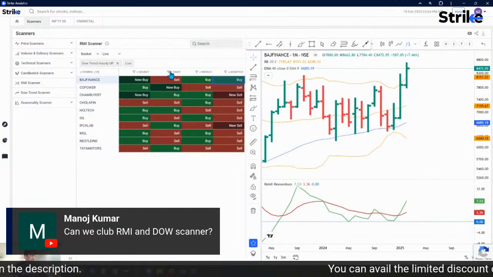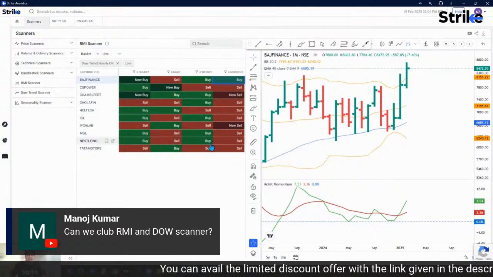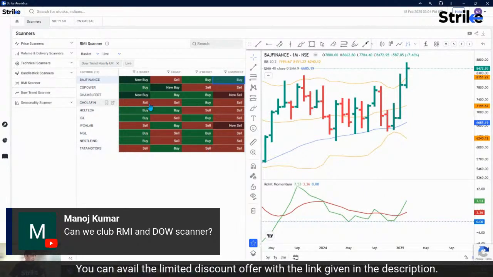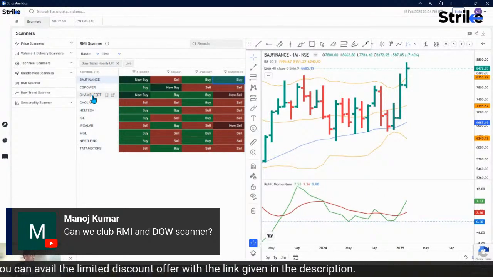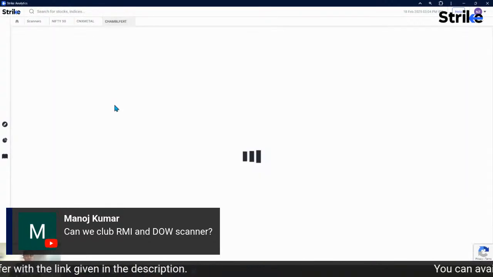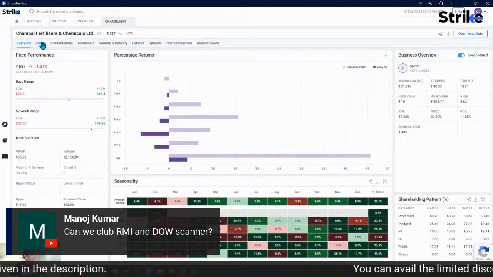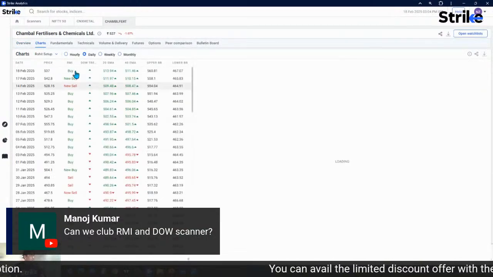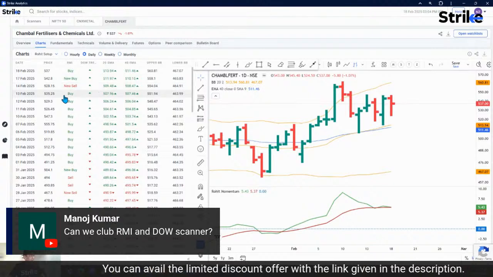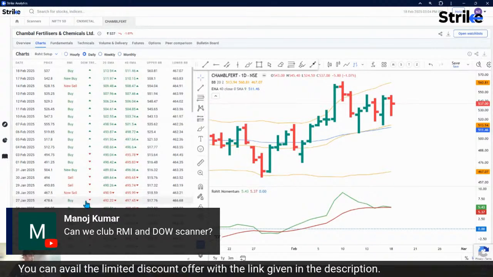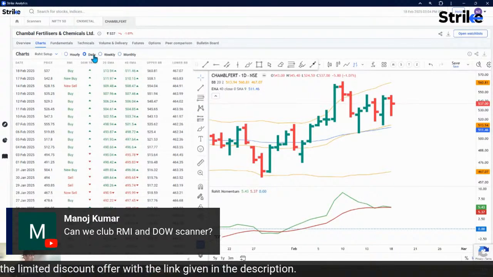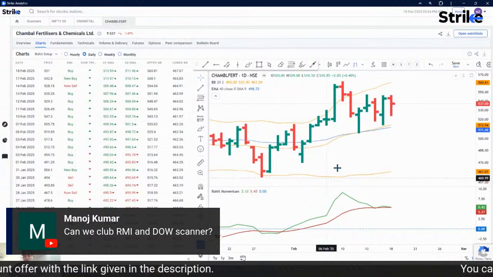Then from here you can combine both of them and take independent decisions. And of course, if you come to individual stock chart in the Rohit setup, you will get both RMI and Dow trend side by side. So you can look at both the things together, whether it is a daily, weekly, monthly, or hourly time frame chart.